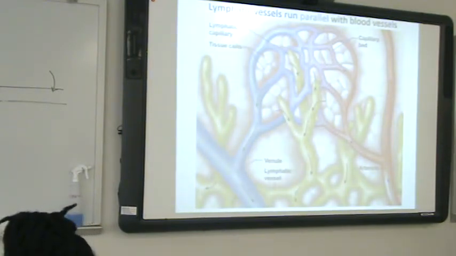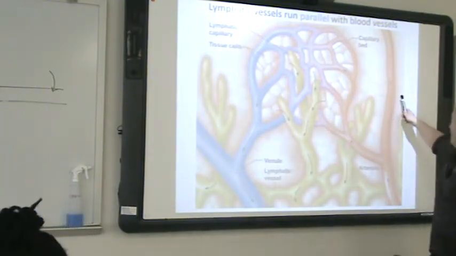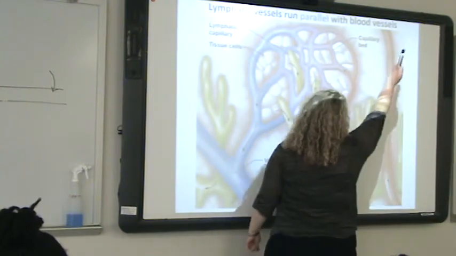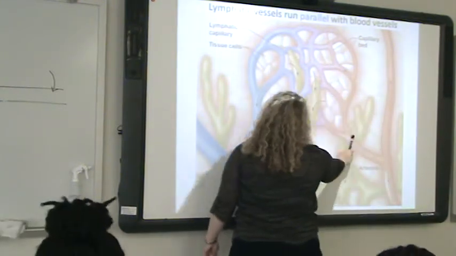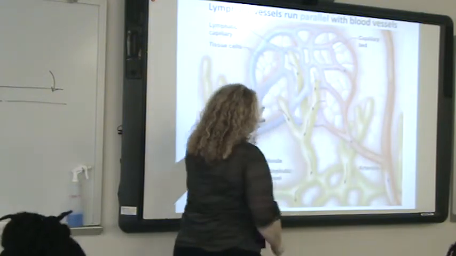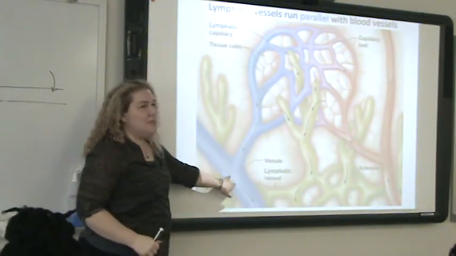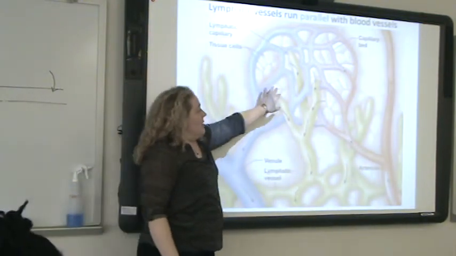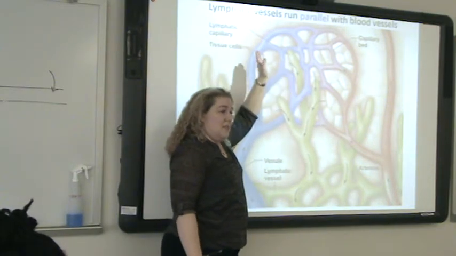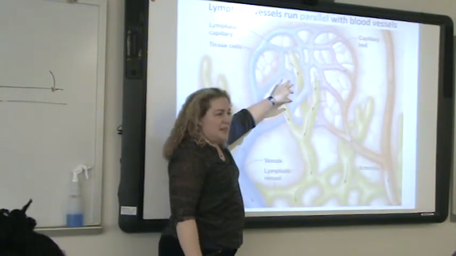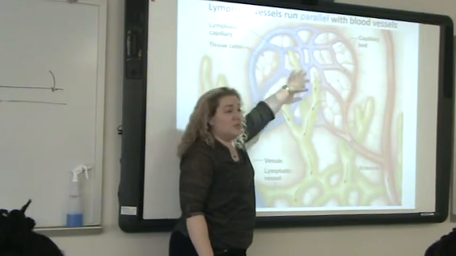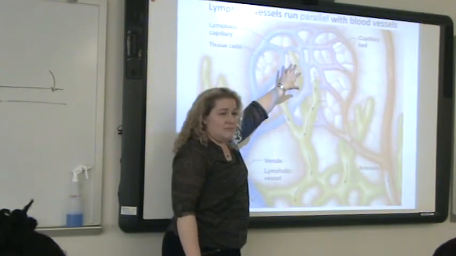So here's our capillary bed again. Here's our arteriole coming into the capillary bed, draining out into a venule. And all of those things that we talked about with the up arrow and the down arrow and osmotic pressure and hydrostatic pressure, that's all going on here. Same processes.